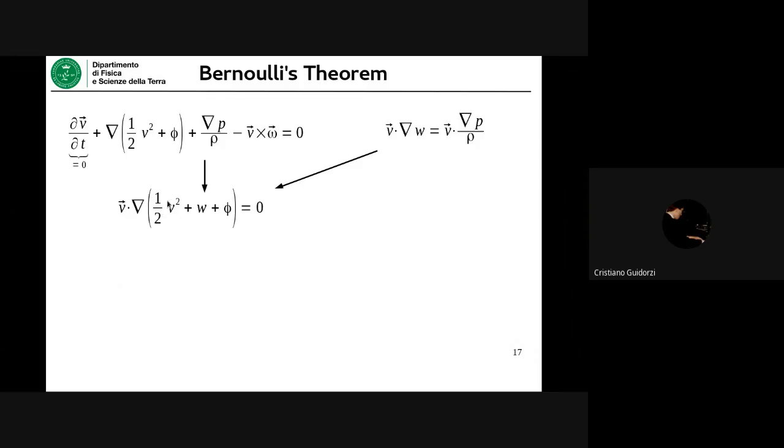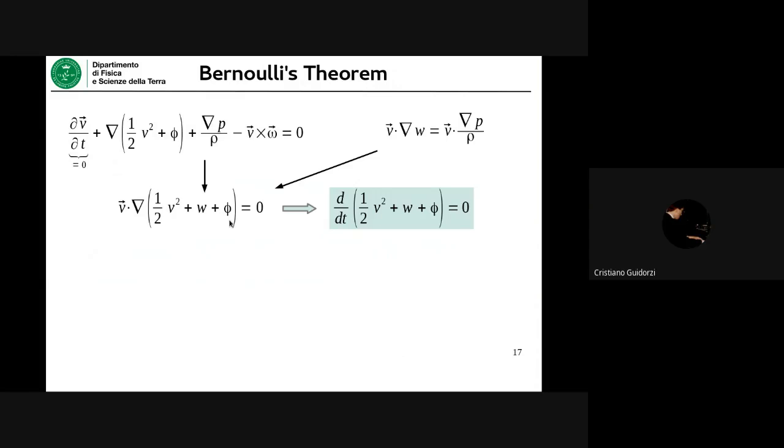So I can collect here the second term, and then you see the last term is V scalar this guy, but you immediately see that V scalar something which is perpendicular to V is 0. So we are left with V scalar the gradient of just one single scalar quantity.